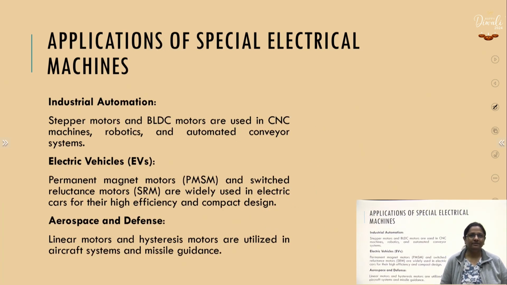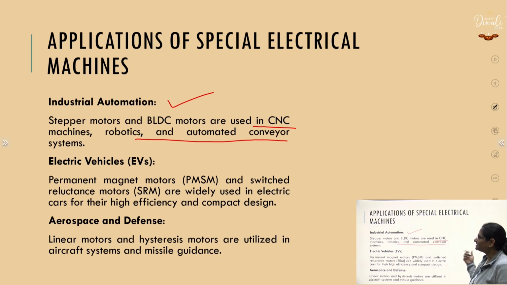Applications, general applications of special electrical machines. So what are the various areas where these special electrical machines are actually utilized? Industrial automation: stepper motors and BLDC motors are used in CNC machines, in robotics and automated conveyor systems.